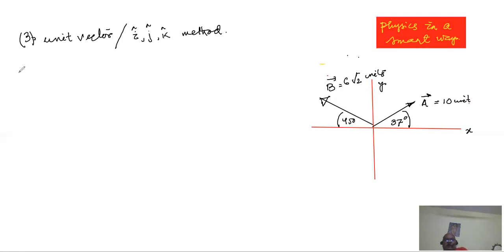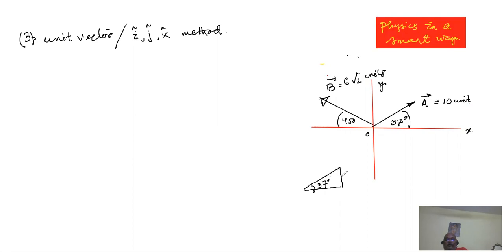Let us consider a hypothetical case. We have two vectors, A and B. Vector A, as shown, makes an angle of 37 degrees. If you have a right angle triangle, one of the angles is 37 degrees and the remaining angle will be nearly 53 degrees.